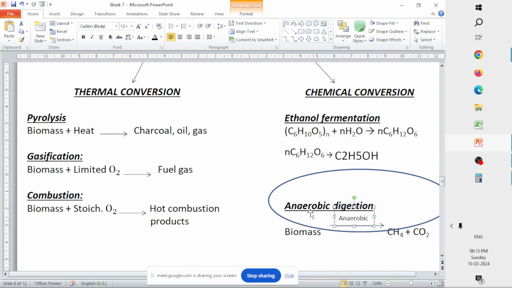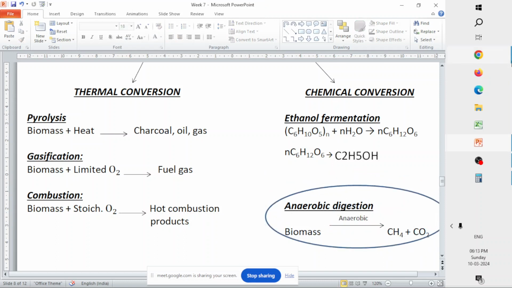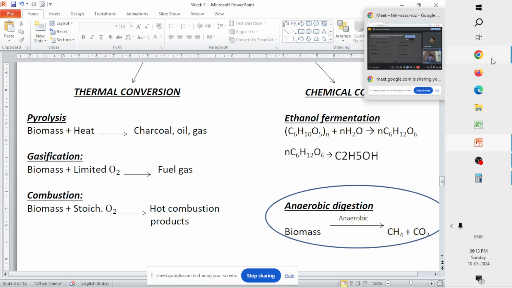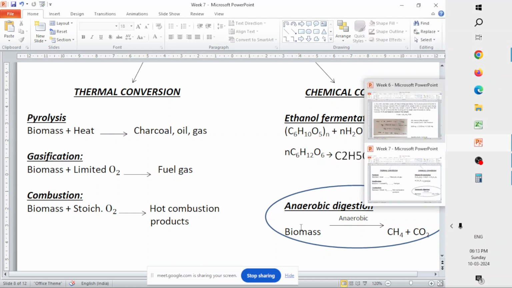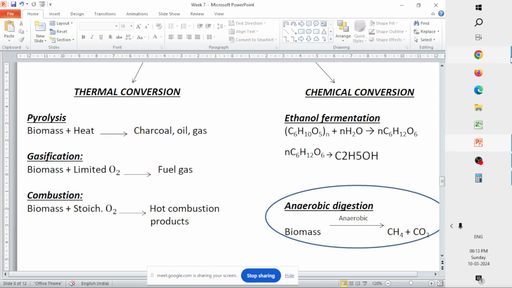So can you tell me what you actually mean by aerobic and anaerobic? You have something called an aerobic digestion process. Here we use anaerobic digestion. So what is the difference between aerobic and anaerobic digestion?